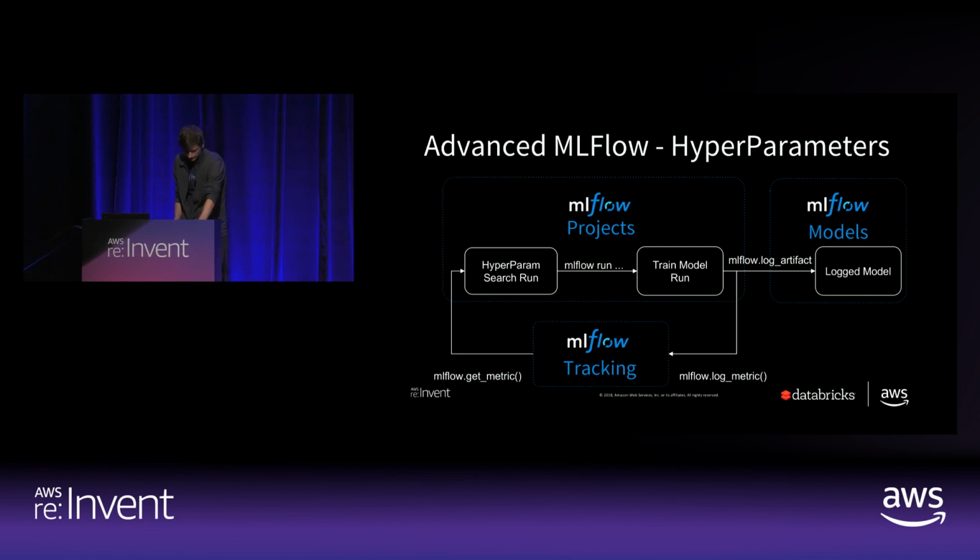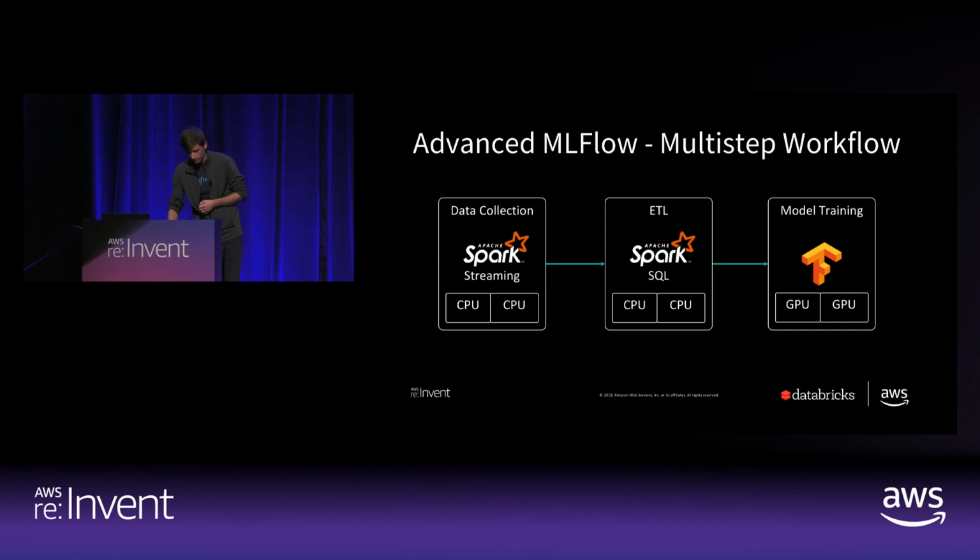Basically, you can take any particular project and tune it with your favorite hyperparameter algorithm. Everything is logged with MLflow Tracking, so you can inspect the results and have a history of those for later use. And we can log MLflow models and deploy them later to production.